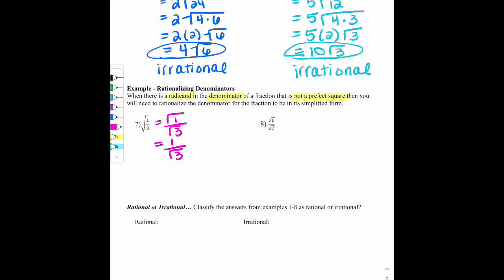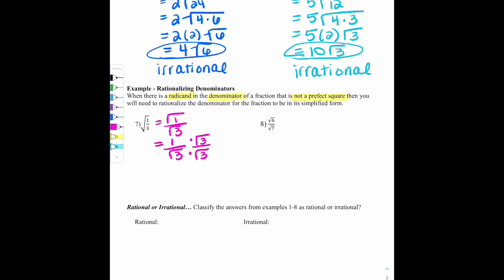So we are going to do what's called rationalizing the denominator. Whatever is in the denominator position is what you're going to multiply by. So if you have square root of 3 in the bottom, you are going to multiply by square root of 3 on both the top and the bottom, because that means you're basically multiplying by 1. Square root of 3 over square root of 3 is 1, isn't it? So if I write it like a fraction and we're multiplying, you are multiplying by 1, but writing it in radical form.